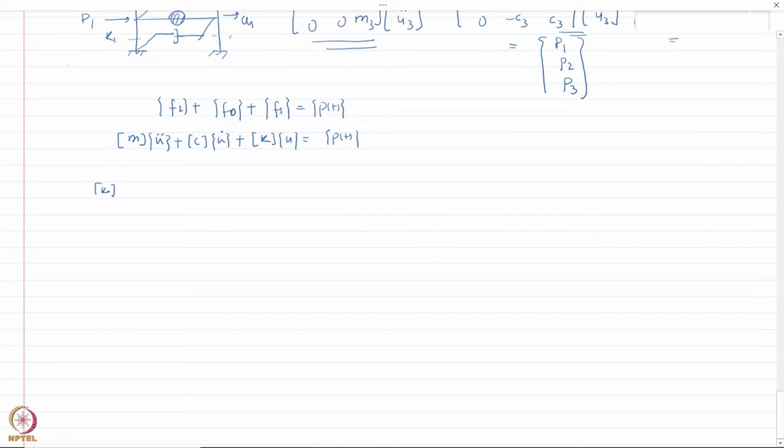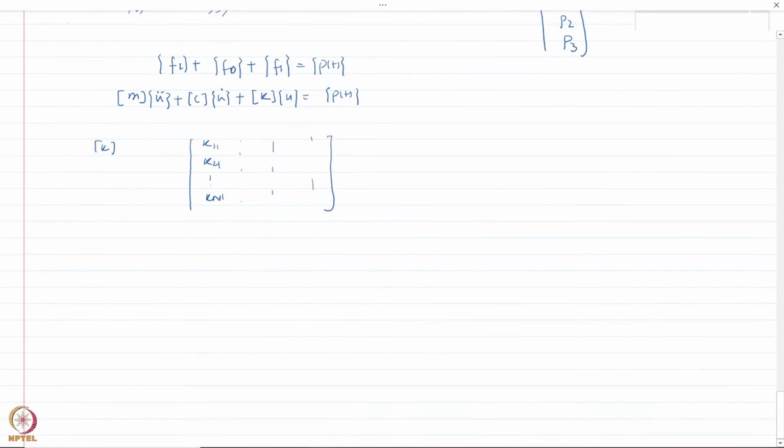The forces that we get are the column vector of the stiffness matrix, and these coefficients are called the influence coefficients, and we repeat that for each degree of freedom to find the whole stiffness matrix.